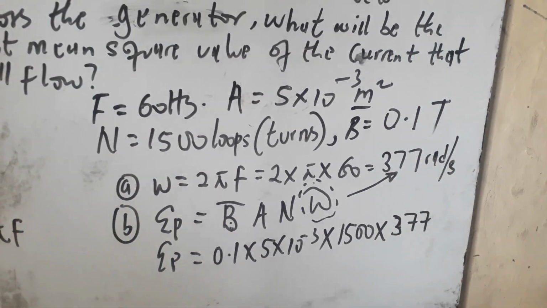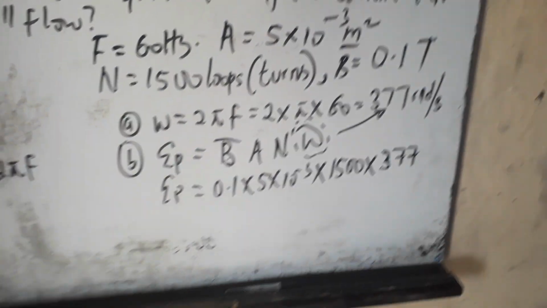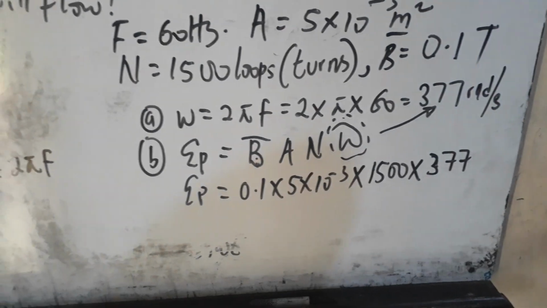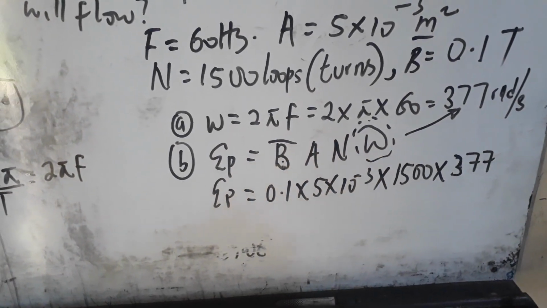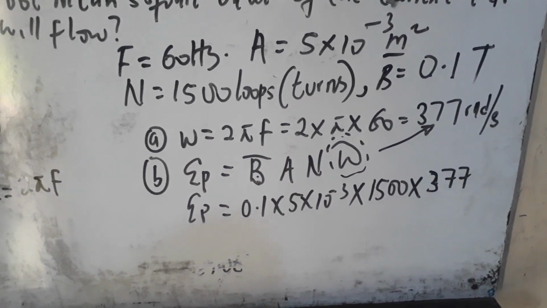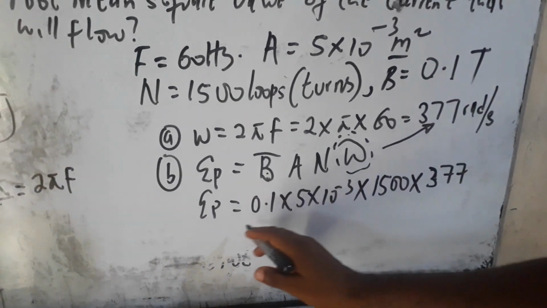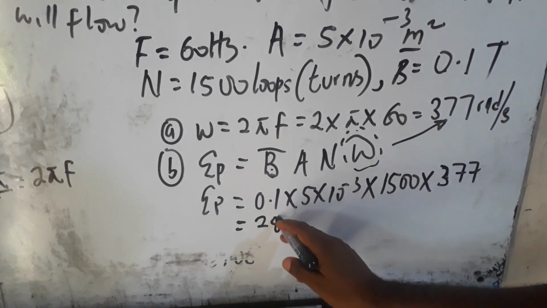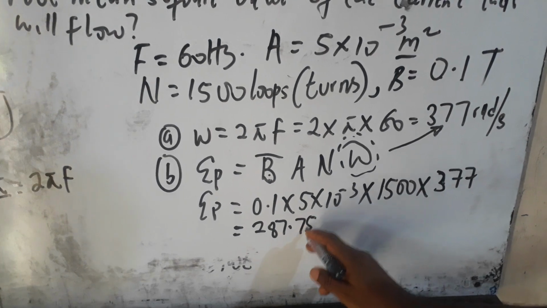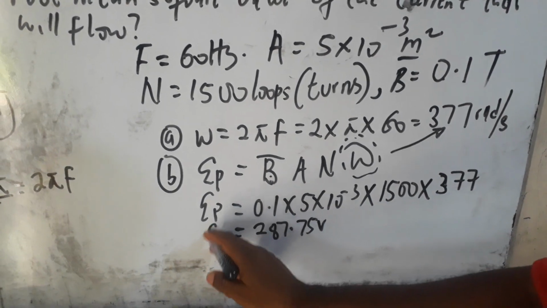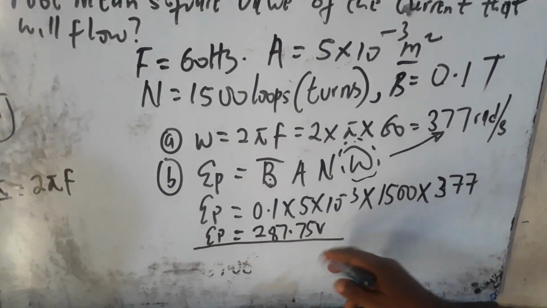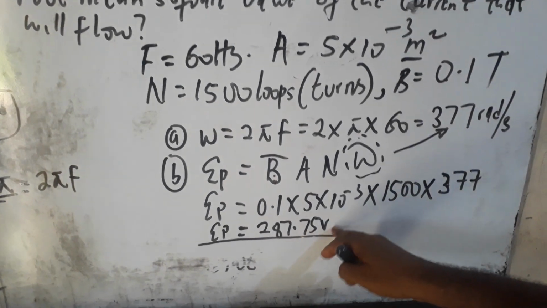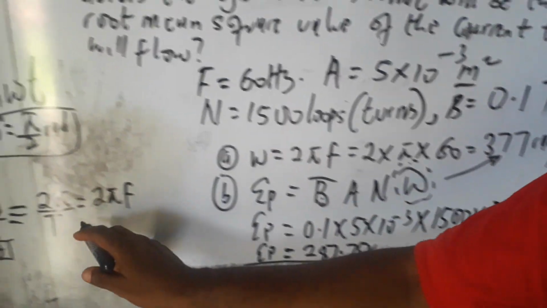So using our calculator, the answer we are going to have is 282.75 volts. So that means the peak voltage of this generator is 287.75 volts. So that's for that.